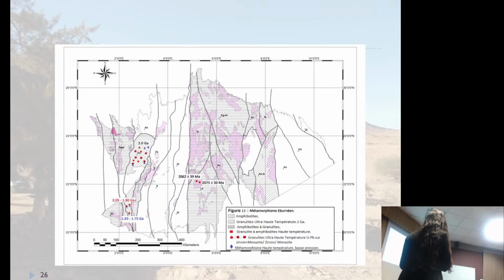All right, here we have the Ibernine metamorphism. Very interesting. As I told you, as you can see here, a lot of data is concentrated in here. This is the most interesting for some. But then, at least for my university, we have some teams that are specialized on specific areas.